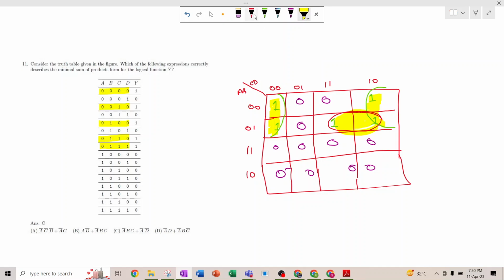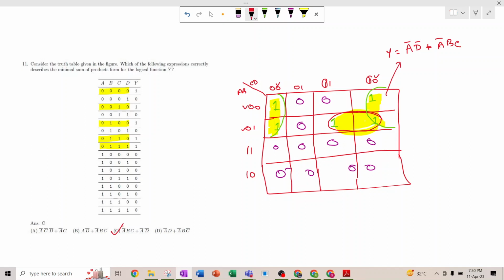So if we write the expression, y will be: if we consider these two, this surface is a bar, and among these two, this is fixed, which is d bar, so a bar d bar, plus for these two things, this is a bar b, and this thing will be only c. So a bar b c. So the correct answer will be a bar d bar plus a bar b c, which is option c.